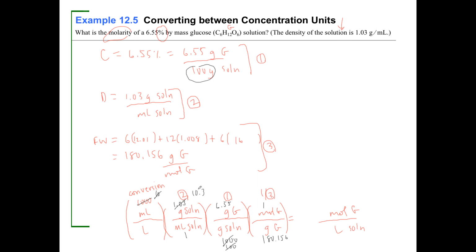And that's all the shortcuts I'm going to do. Let's put this in here, 180.156. So it looks like it's 10.3 times 6.55 divided by 180.156, which gives us 0.37448.